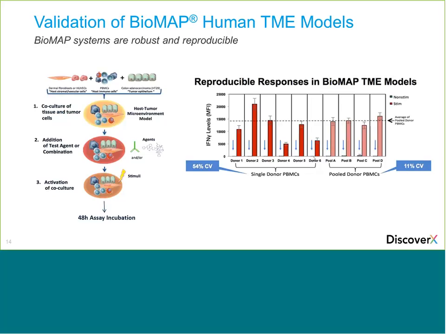It indicates that there is very little MLR actually going on in our assay, and the response that we see in our assay is really coming from the stimulation and activation of these T cells in our system.